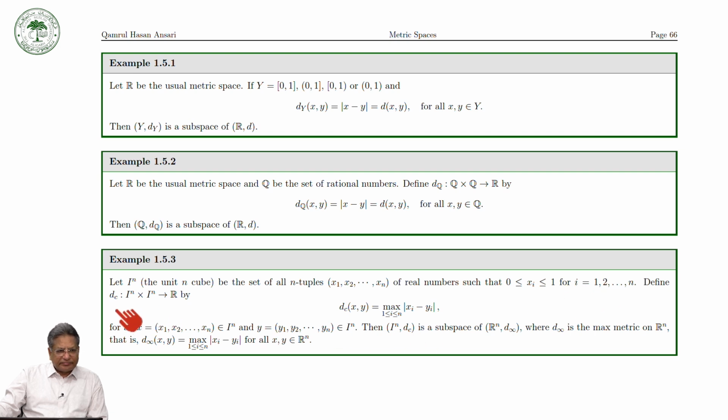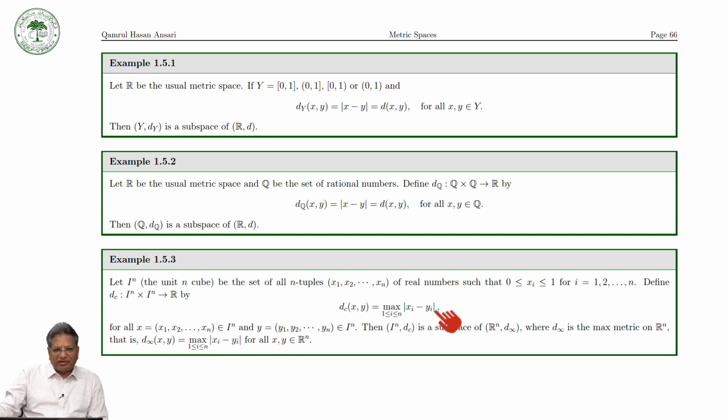Now define d_C from I^n cross I^n to R by d_C(x, y) equal to the maximum of |xi minus yi|. And now, can you recall what kind of metric this is?